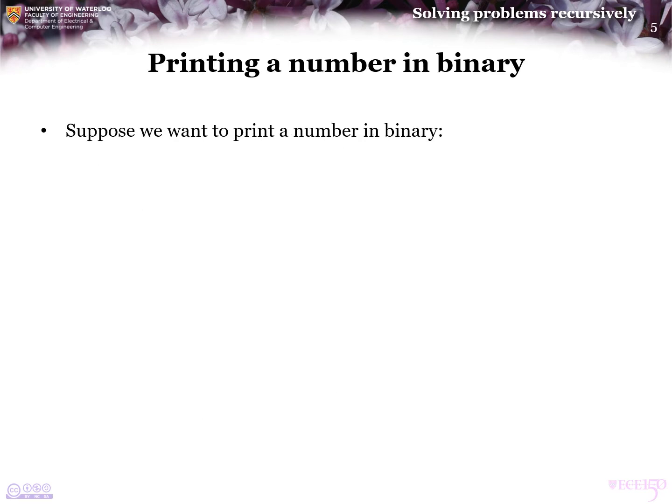Now let's look at a new example, something we haven't done in this class before because it's actually rather difficult. Let's print a number in binary. Now, suppose we have a local variable that is storing the value 13. We know that 13 in binary is 1101.